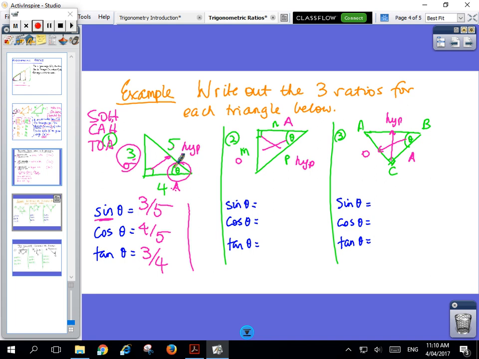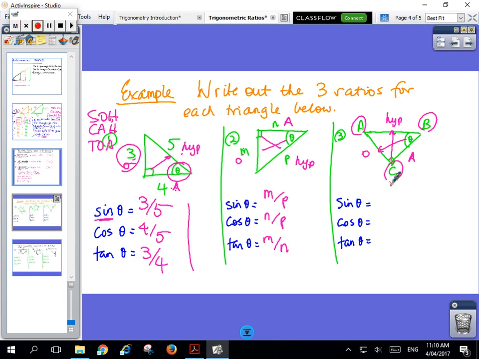Okay. And again, you don't have to have numbers, you could have letters. So sine for this one is m over p, cos is n over p, and tan is m over n. Okay? Or you don't even have to have numbers, you can just use the vertices.